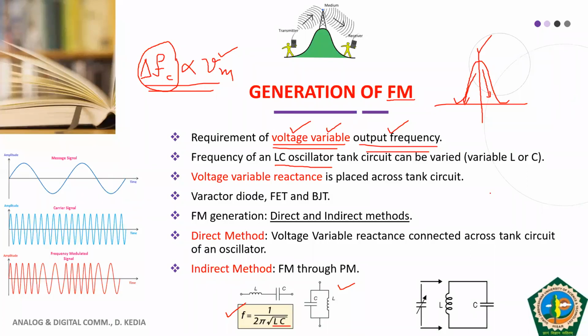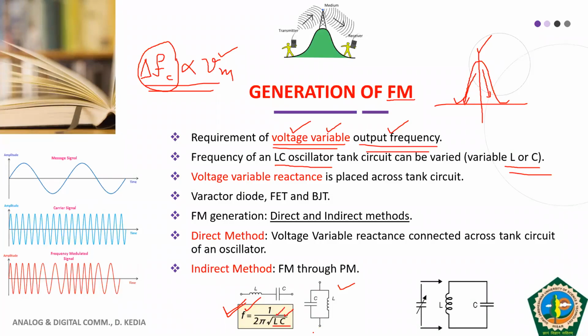Is that point clear? Now, here we observe that the frequency that the LC oscillator generates depends on the value of the inductor and the value of the capacitor. So if you make this inductor or capacitor variable, then obviously your frequency also becomes variable. If you change the value of the inductor, or if you change the value of the capacitor, then the value of F changes.